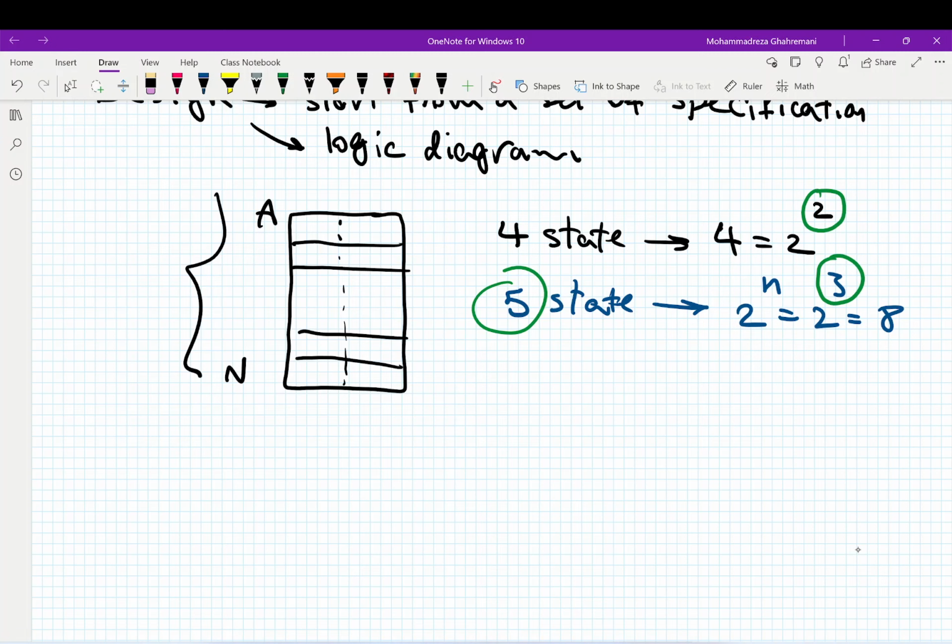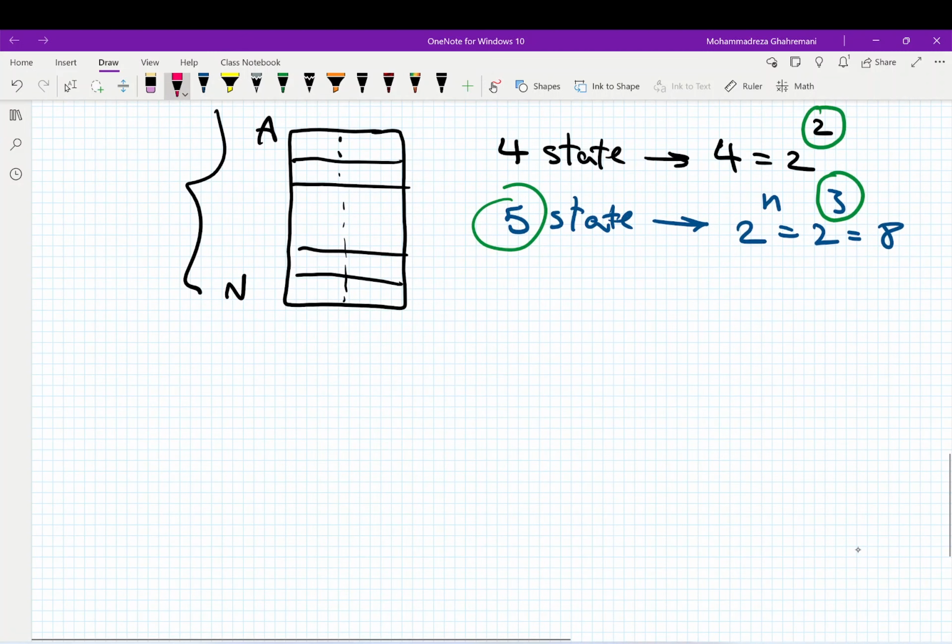So in this lecture, we are going to find redundant states and remove them from our state tables so we can reduce the number of states, and as a result hopefully reduce the number of flip-flops. So let's see what states are equivalent.